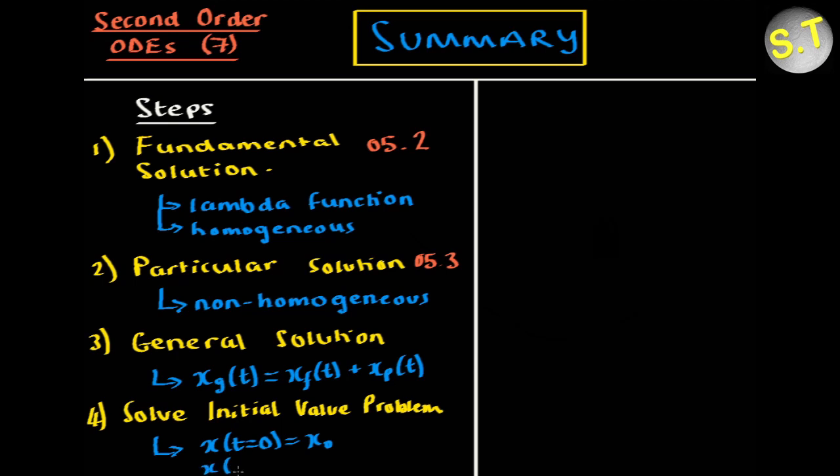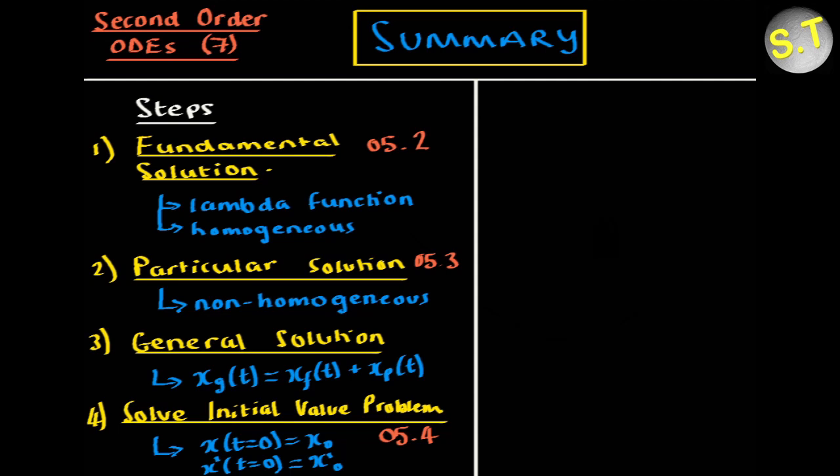And when we had two unknown constants, we also needed to know the initial value of the velocity as well, so we could solve for two unknown constants. And if you were looking for a specific video for solving initial value problems, calculus playlist 05.4 has everything you need to know.